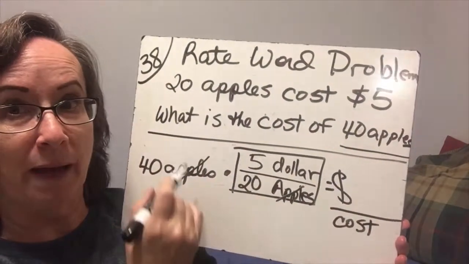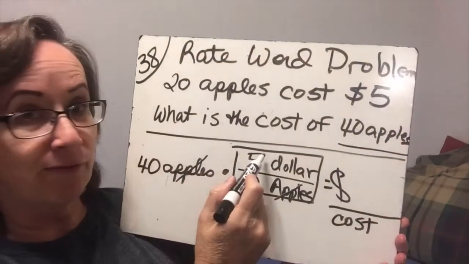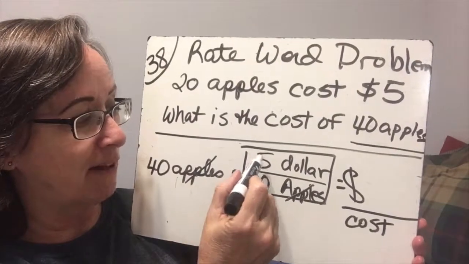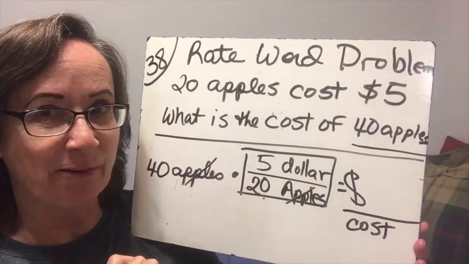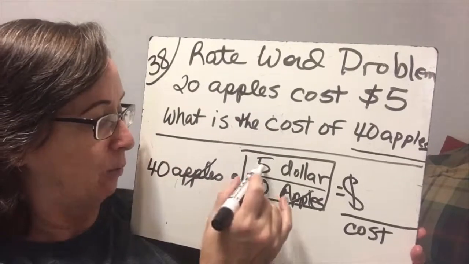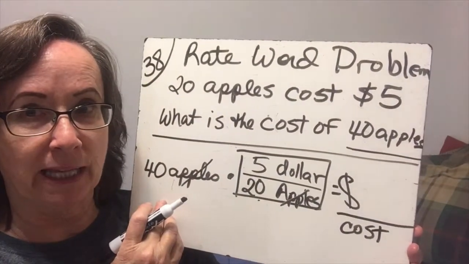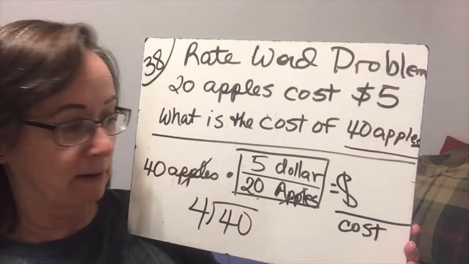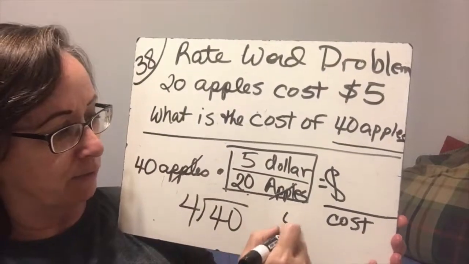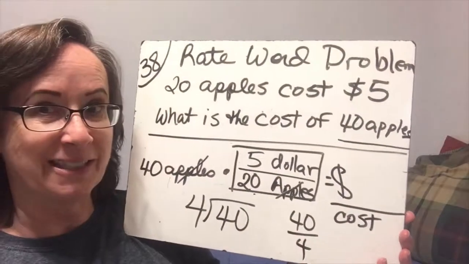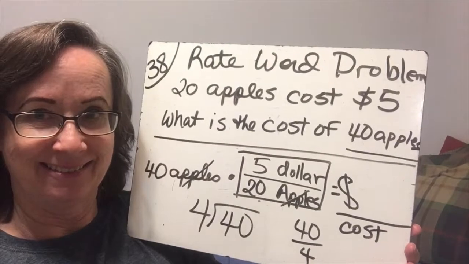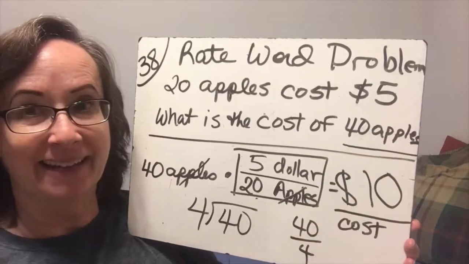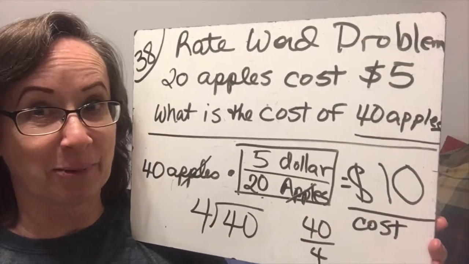And here's our little road map of what's going to go on. 40 times 5 divided by 20, or if we're smart, we're going to say 5 over 20 simplifies to 1/4, and 1/4 times 40 is the same thing as 40 divided by 4. Right? Because 1/4 times 40 is 40 over 4, which is just 10. Okay, so 40 divided by 4, $10 is the answer. So now let's do our practices.